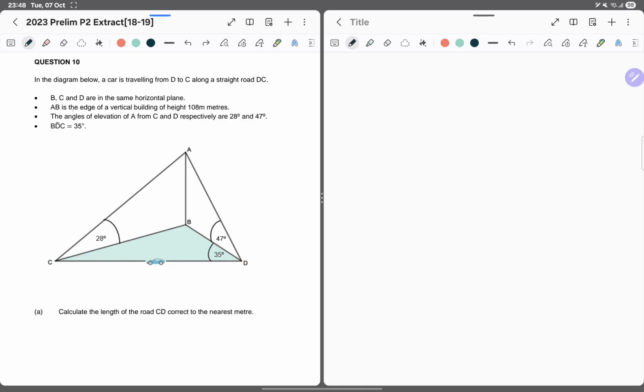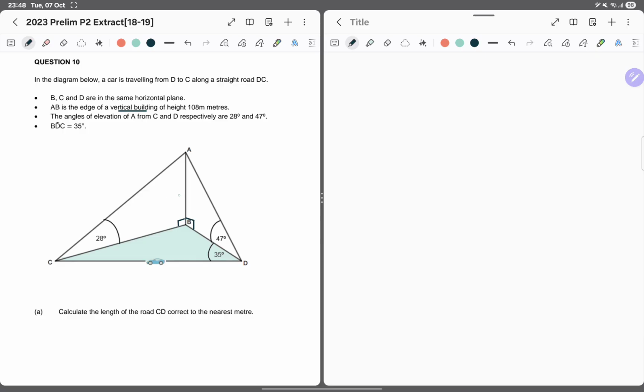So what are we told? AB is the edge of a vertical building, of height 108 meters. If this is vertical to the horizontal, it means we have 90 degrees there, and the same is true for that part. When the diagram is not decorated, the student needs to decorate it.